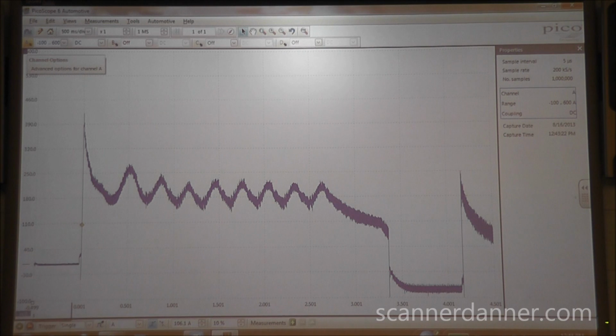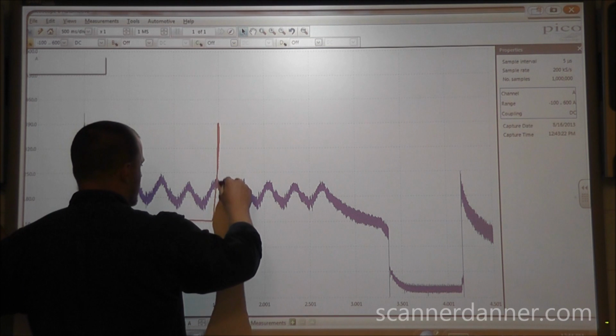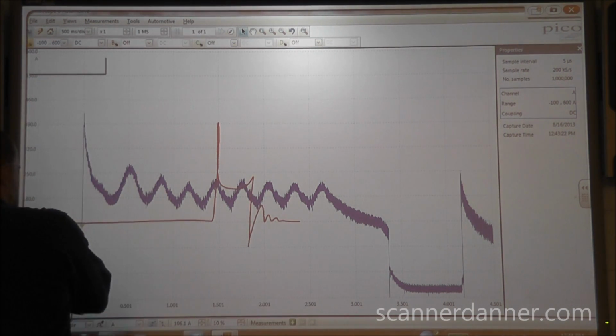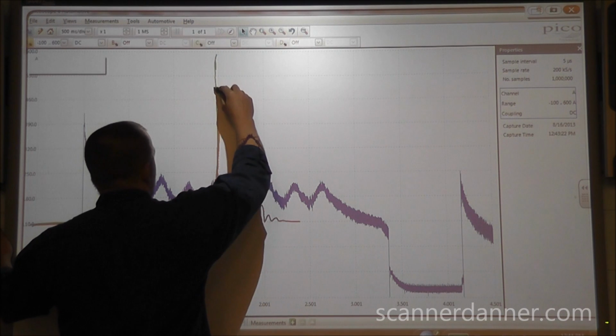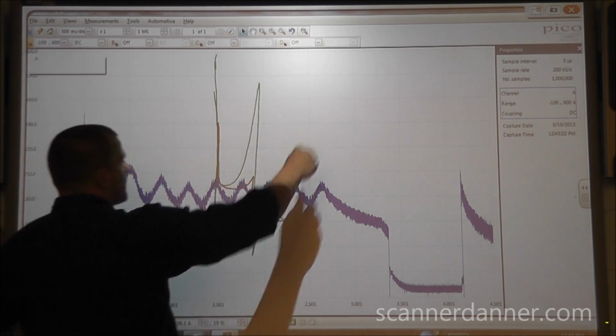Another time where you might want to do that would be doing ignition events where you want to catch, say, the high firing kV of an ignition event, and maybe you're looking at an ignition waveform and it looks something like this on your screen, and when you snap the throttle, that same waveform is going to go way up here, and maybe that's where you have, say, a lean misfire and you're trying to catch that event.